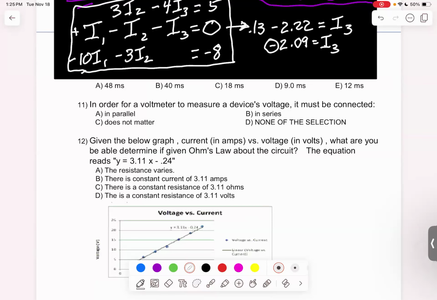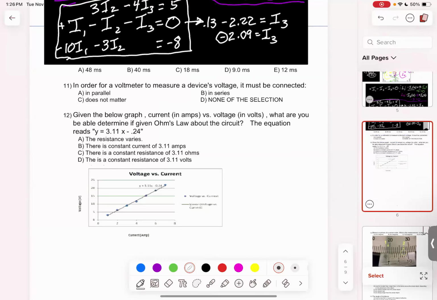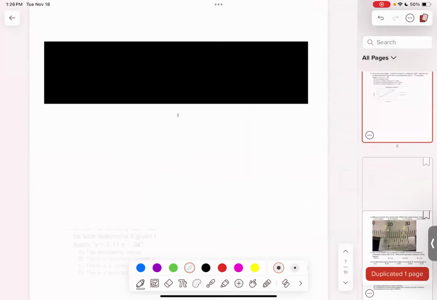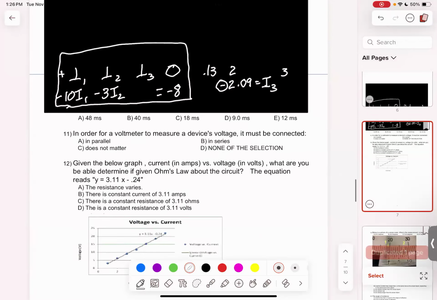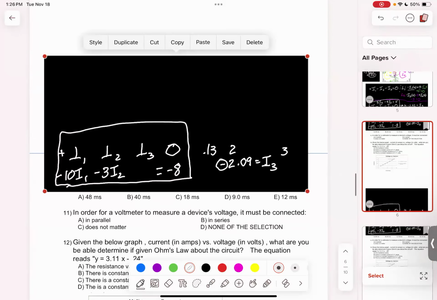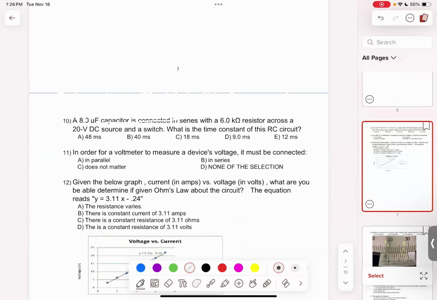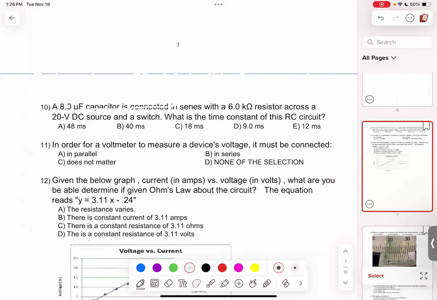Let's see. Number 10 looks to be overlapped. So let's duplicate that page one more time. And I'm going to get rid of that. All right, so number 10.